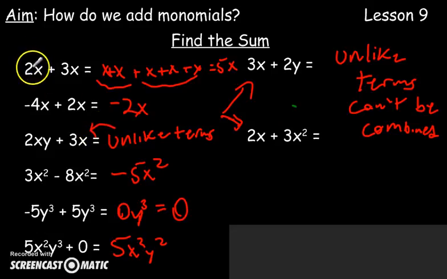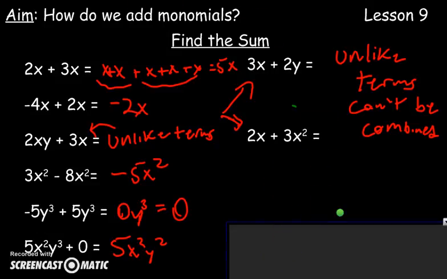For instance, let's say x was 2 here. Then this is 4, and this is 6. 4 plus 6 is 10. Whereas 5 times 2 is 10, so they're the same. So you can only combine like terms.